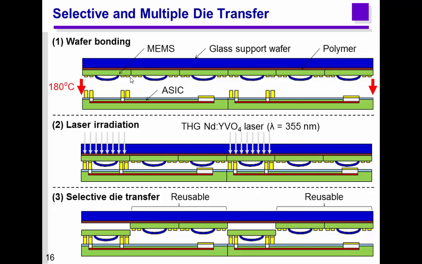They were bonded by thermal compression, but after that, only a selected die is debonded from the support wafer and transferred to the LSI wafer. And this die is integrated with this one, and the inside was also sealed. Of course, other chips still on the support glass wafer can be used for the next LSI wafer.